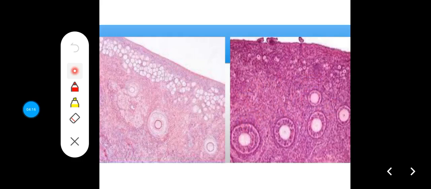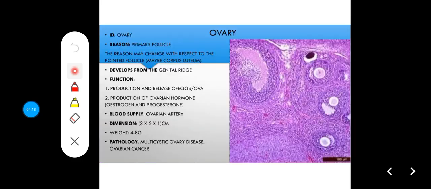So this is a secondary follicle. You can appreciate the follicular space. This also is a secondary follicle because this is the follicular space, the antral space. This is the developing ovum, and the ovum is surrounded by the corona radiata cells, which are granulosa cells.